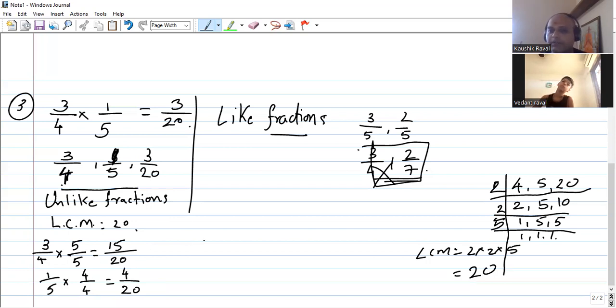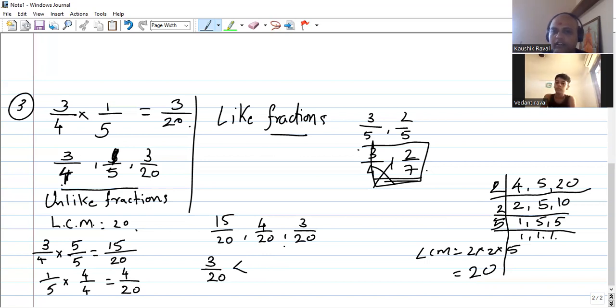Now we can compare these, right? 15 by 20, 4 by 20, and 3 by 20. So which one is the smallest? 3 upon 20 is the smallest.